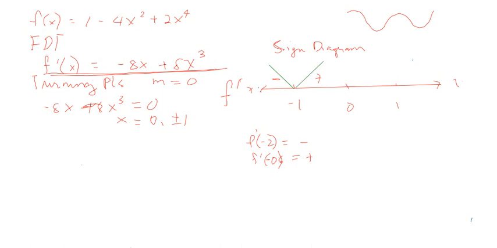So that means we have a minimum value at x equals negative 1. So here it's minimum. So we shall have here negative 0.5 and also a certain value for your y.